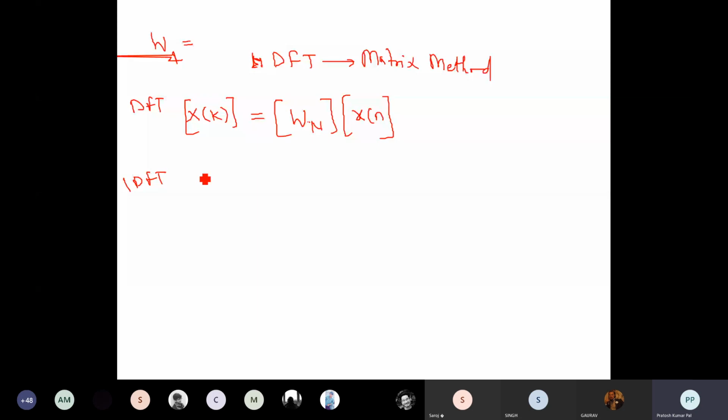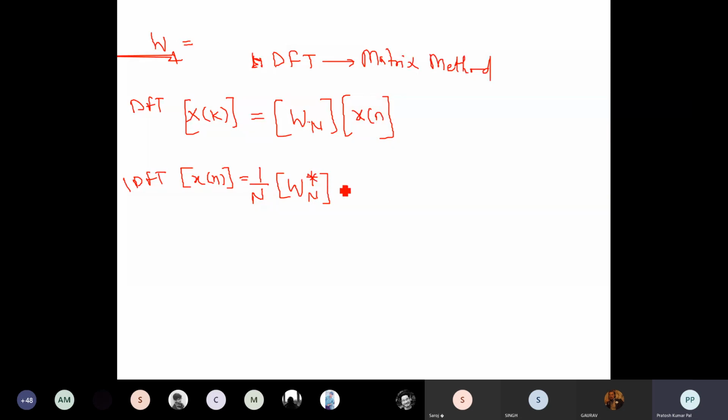Similar to the mathematical expression for calculating the IDFT, the IDFT by using the matrix method will be given by the input matrix, that is small x of n matrix, equal to 1 upon N multiplied by W of n, that is the twiddle factor matrix, and along with that this is the complex conjugate.